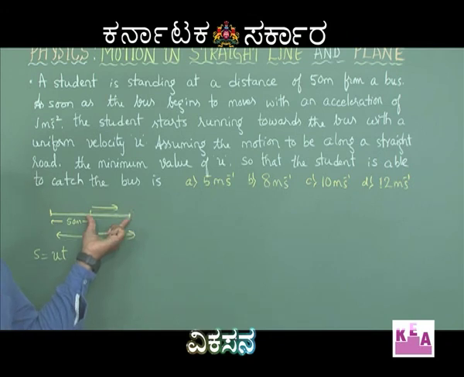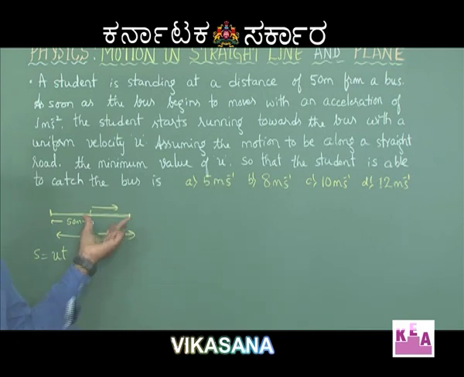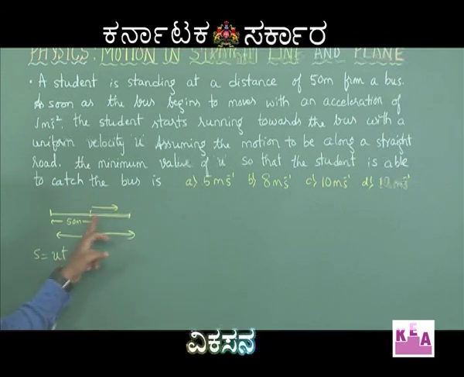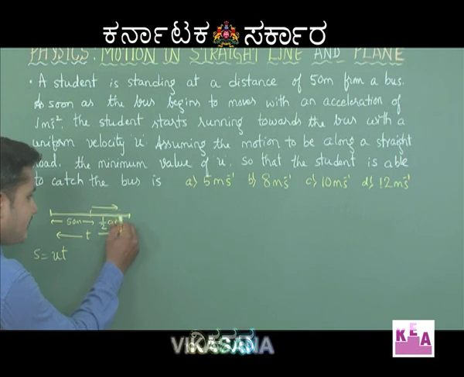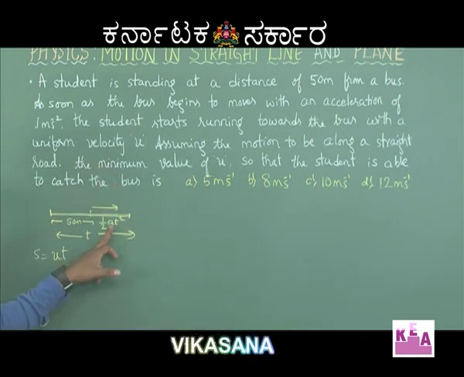This can be calculated using s is equal to ut plus half at square. Here initial velocity is 0, so it is just half at square, and the acceleration of the bus is given to be 1. So the distance covered by the bus is half at square, where a is 1.